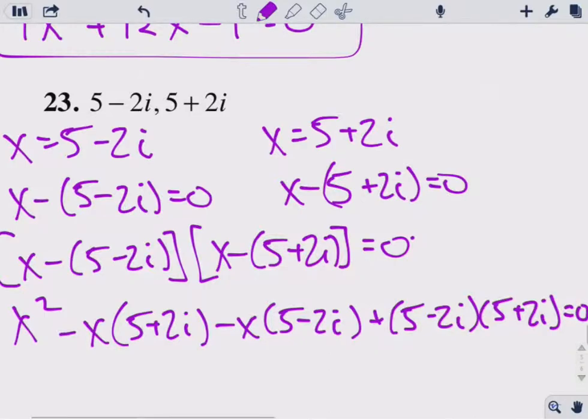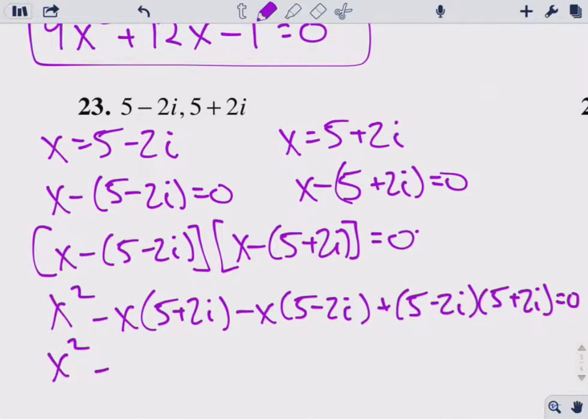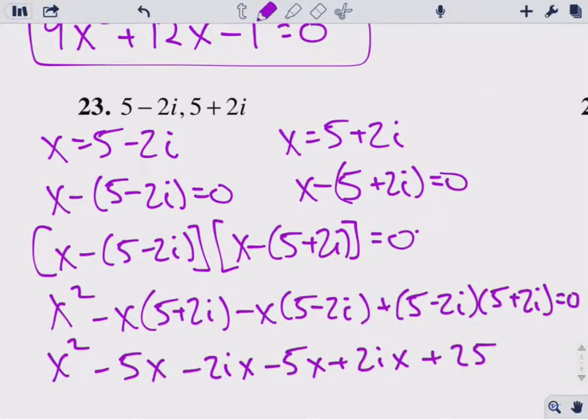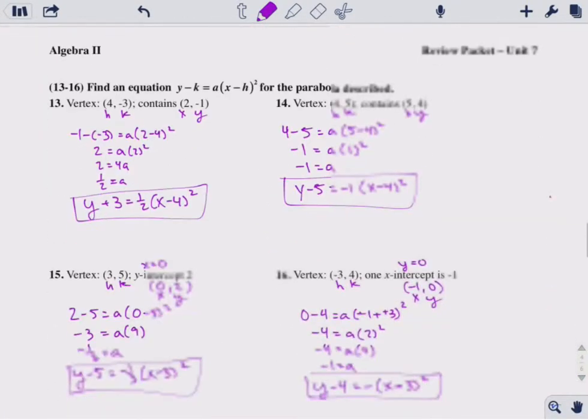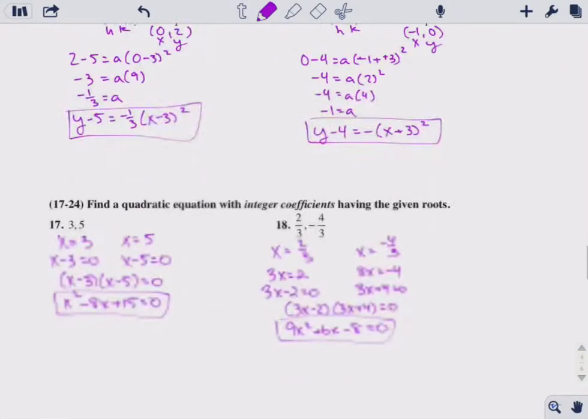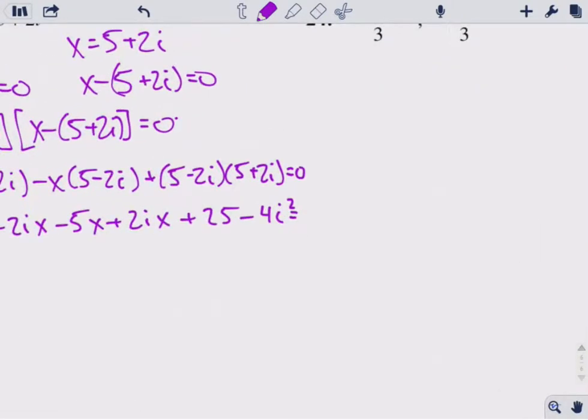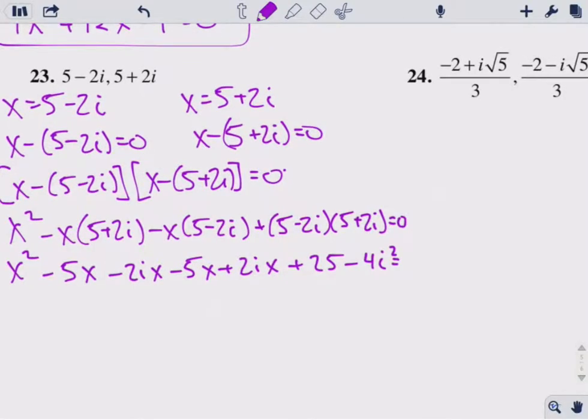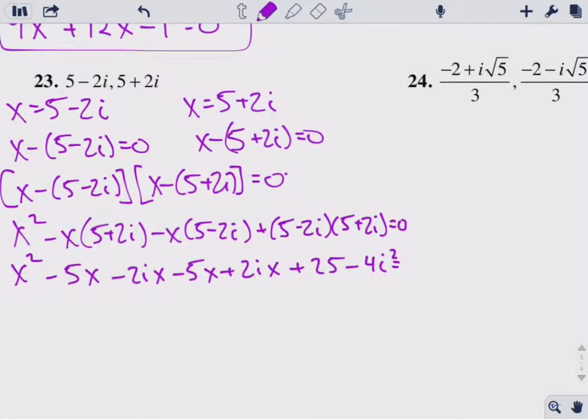Equals 0. So we get x squared minus 5x minus 2ix minus 5x plus 2ix plus 25 minus 4i squared equals 0. Cancel what you can cancel.